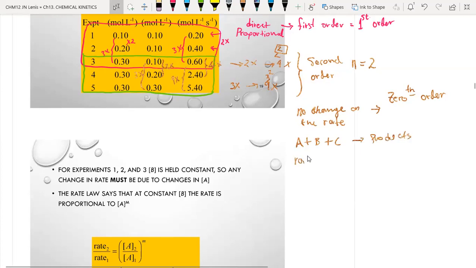So the rate law for that reaction will be... sorry, not equilibrium constant. Rate equals the rate constant, lowercase k, times concentration of A to the M, times concentration of B to the N, times concentration of C to the P. That will be the right expression for the rate law for the reaction.